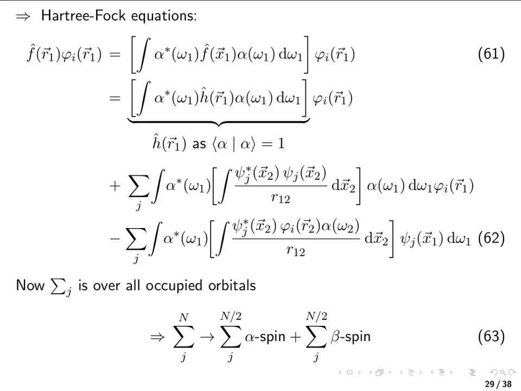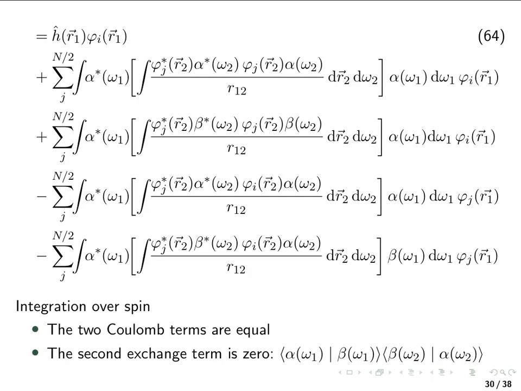So instead of a summation over n spin orbitals, we will get a summation over n half spatial orbitals with alpha spin and spatial orbitals with beta spin. Which means from the Coulomb and exchange part, we will get in total now 4 terms. And they are here. This is the core Hamiltonian part, which we already have, and those two come from the Coulomb integrals, and those two come from the exchange integrals.